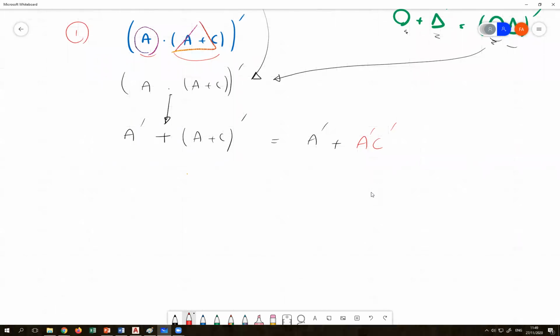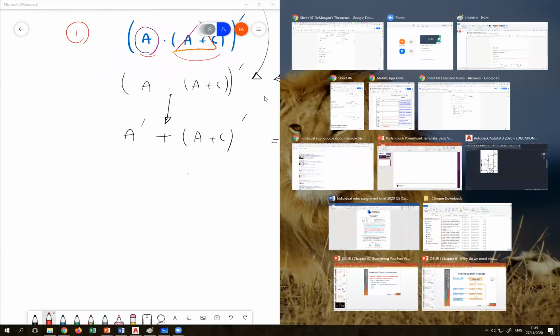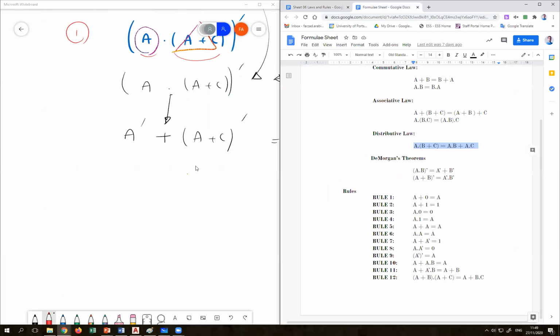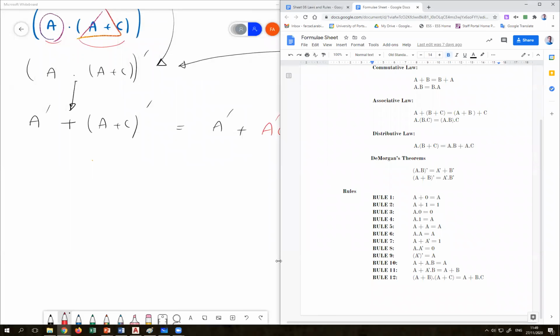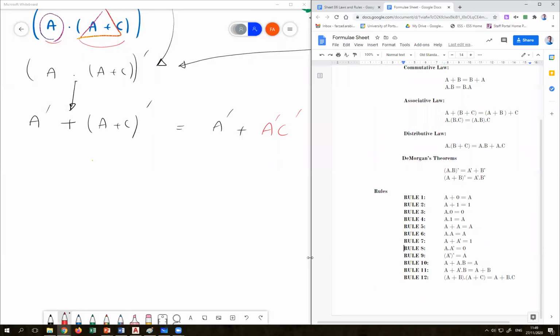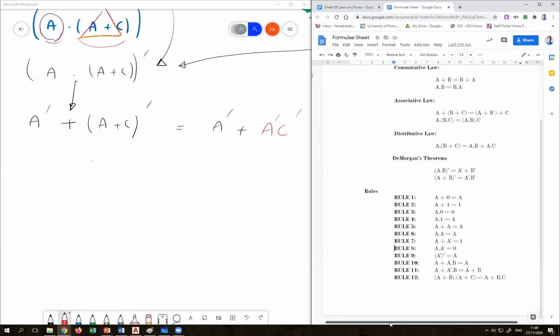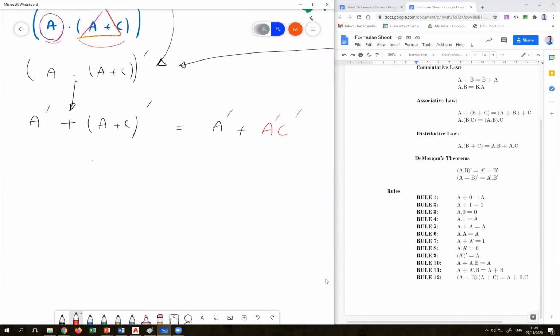Now I can use the formula sheet that I will upload to Moodle shortly. There you go. Good.